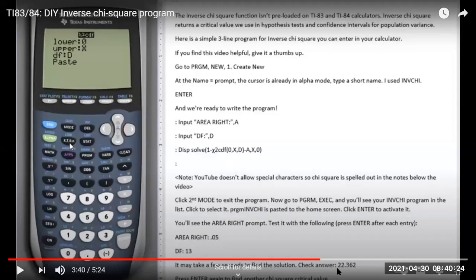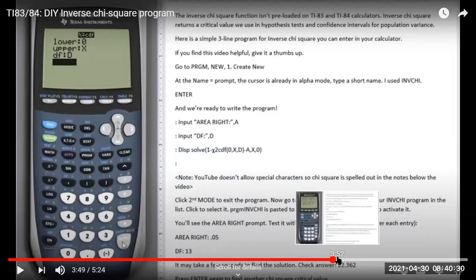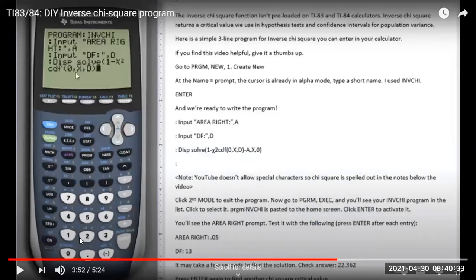After that, let's continue. It will continue with minus a comma x comma 0 close parenthesis.